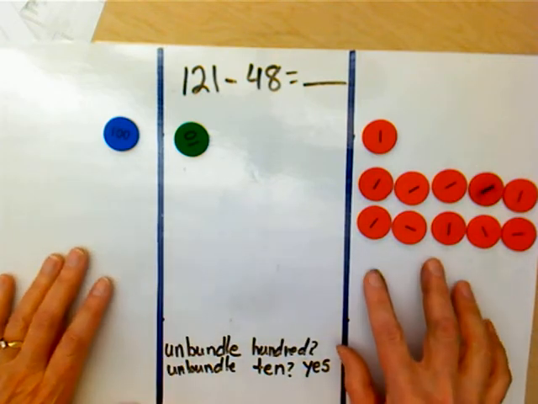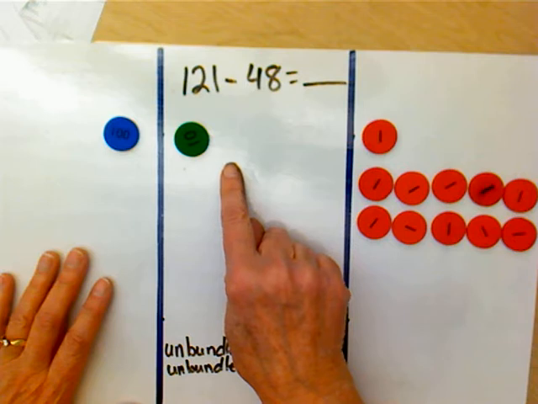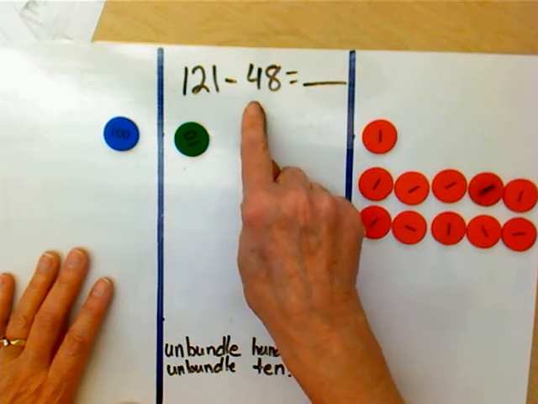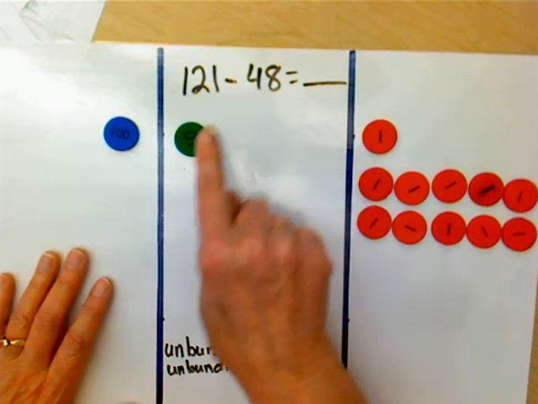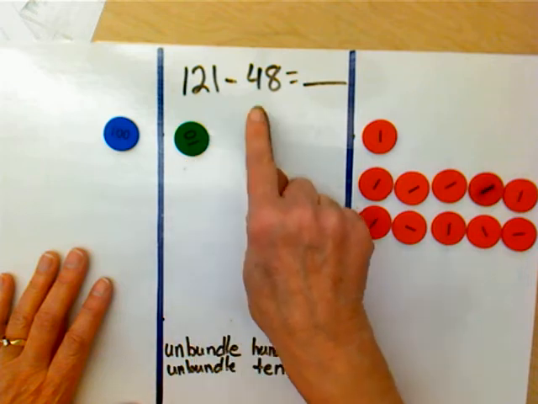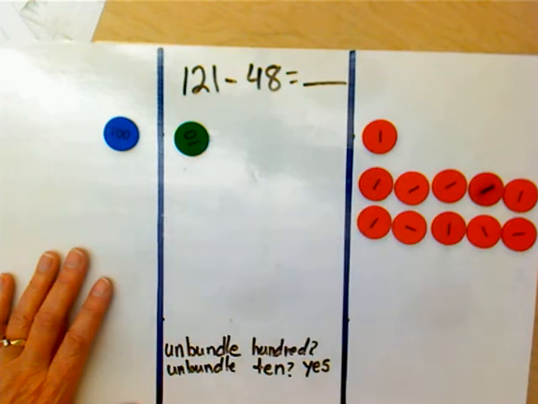And before I go any farther, I'm going to ask myself that same question about my tens. Can I take 4 tens away from 1 ten? Boy, I hope you said no, which means I am going to have to unbundle 100.